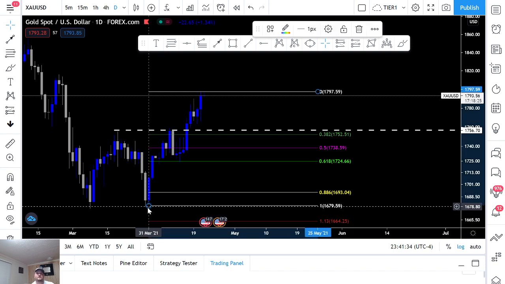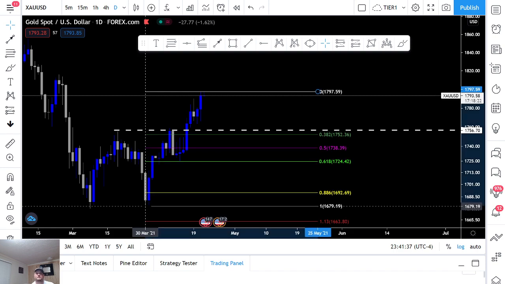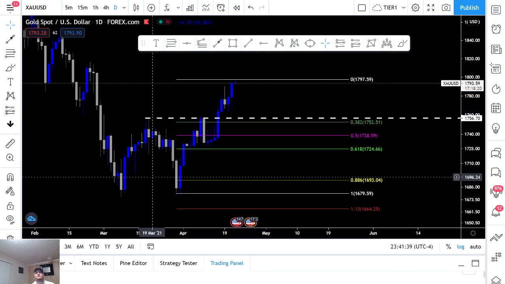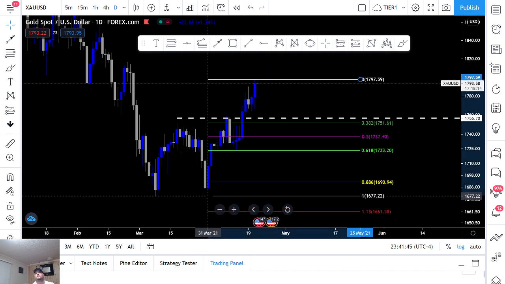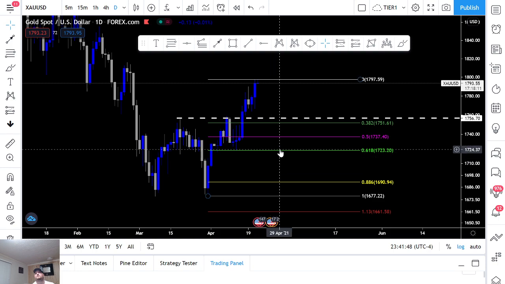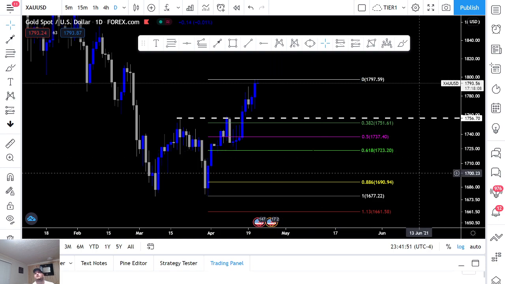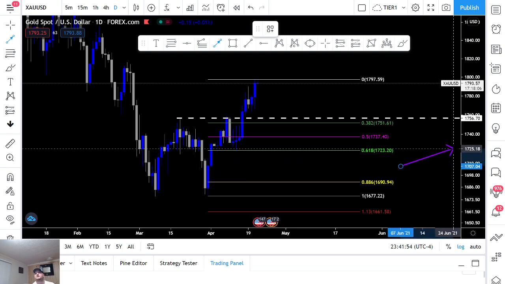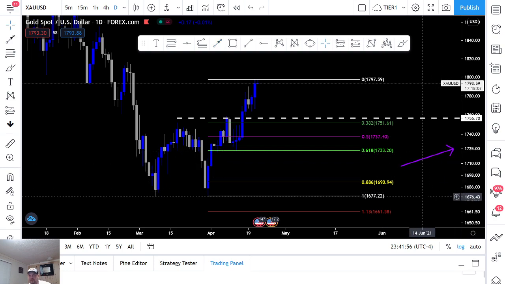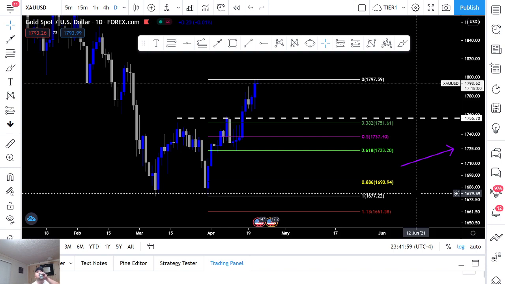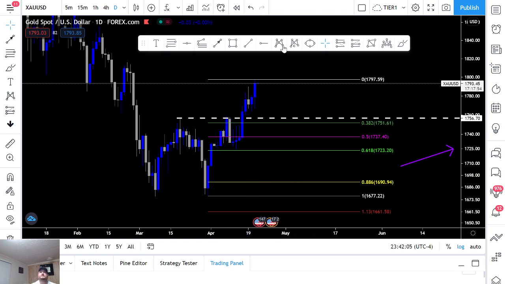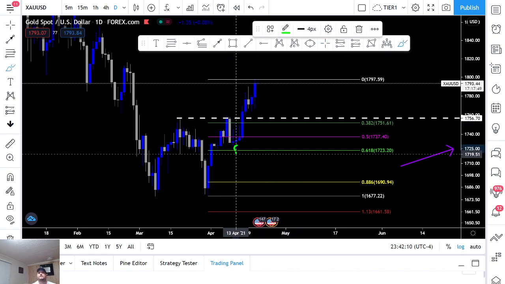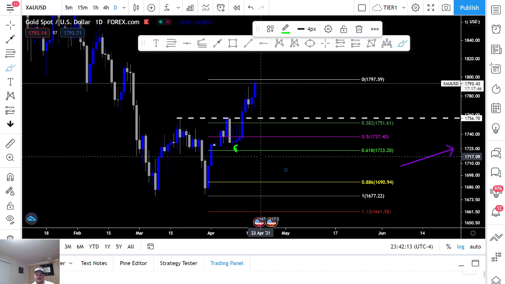It looks fancy. These psychological numbers, they play a role. They seem to play a role.